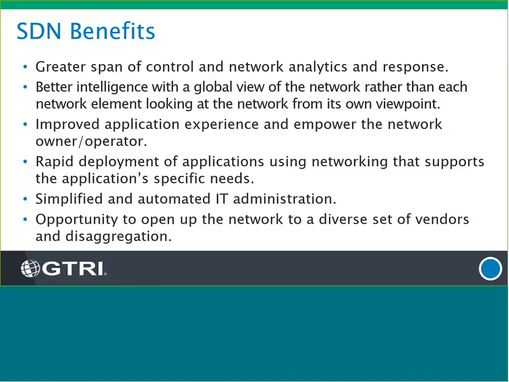Improving application response time, where maybe the telemetry coming off the network indicates that there's a problem, and then the network intelligently changes itself to accommodate that, either changing quality of service settings or adjusting the amount of bandwidth or scaling the network in some way. So giving our network some of those cloud properties of scalability, elasticity, and multi-tenancy.